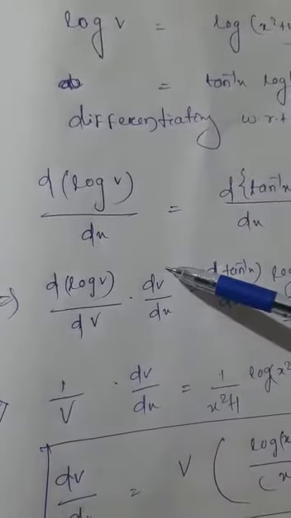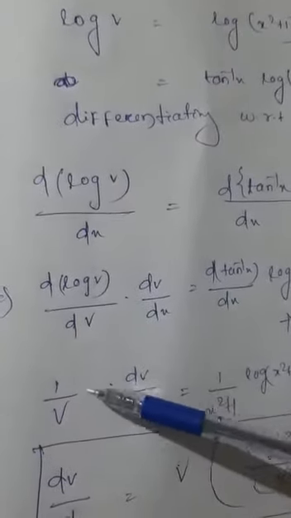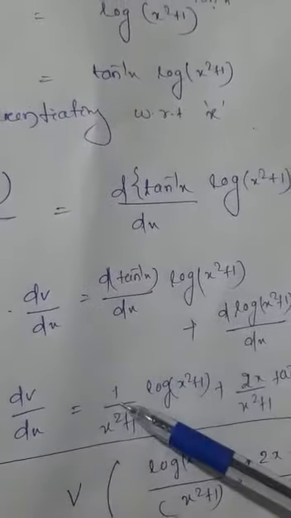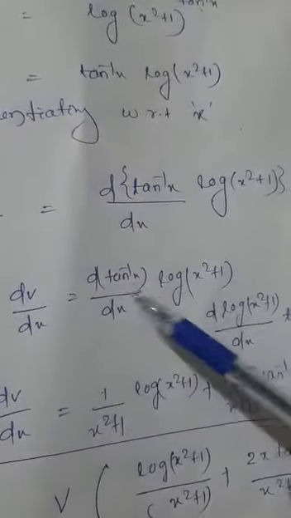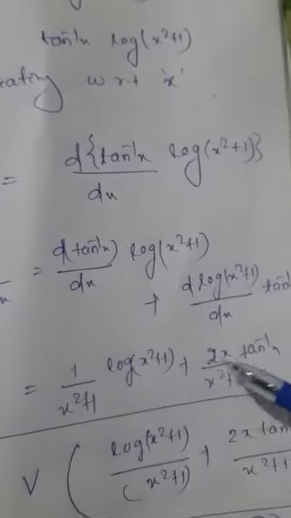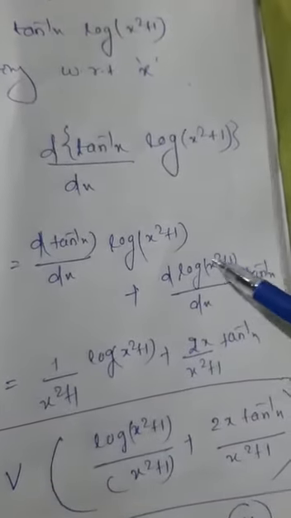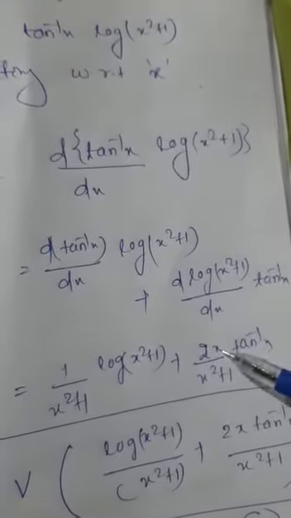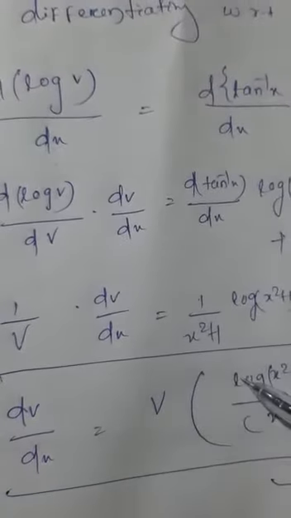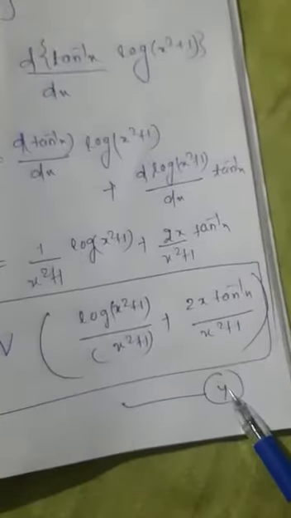Multiply and divide with dv, derivative of log v with respect to v times dv by dx. The derivative of log v is 1 by v dv by dx. Again apply the u into v formula. The derivative of tan inverse x is 1 by (x square plus 1) into log of (x square plus 1), plus log theta, 1 by (x square plus 1) into the derivative of x square plus 1, which is 2x. So 2x by (x square plus 1) times tan inverse x. Now get the value of dv by dx by multiplying v to the other side. Substitute the value of v. Name it as equation number 4.